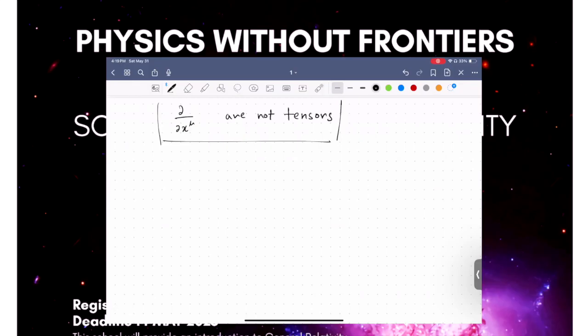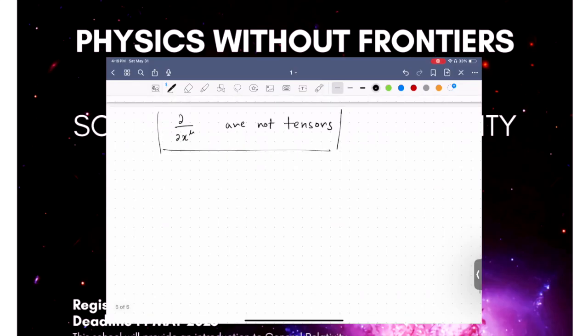Now, okay, so suppose we have some vector field V, which has some index nu prime in some coordinate system. So I'm imagining that I have two coordinate systems. One is going to be x mu, and the other is going to be x mu prime.